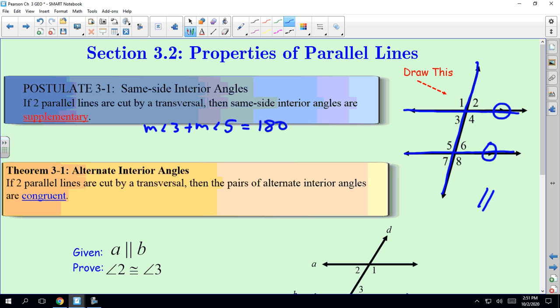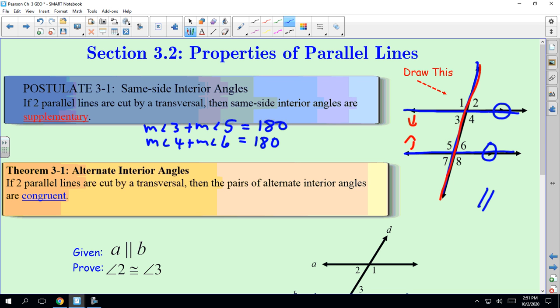They're on the same side of the transversal right here, and they are in between or interior to the 2 parallel lines. Also, we have measure of angle 4 plus measure of angle 6 equals 180. So those are 2 statements that are true based on that postulate, if the lines are parallel.